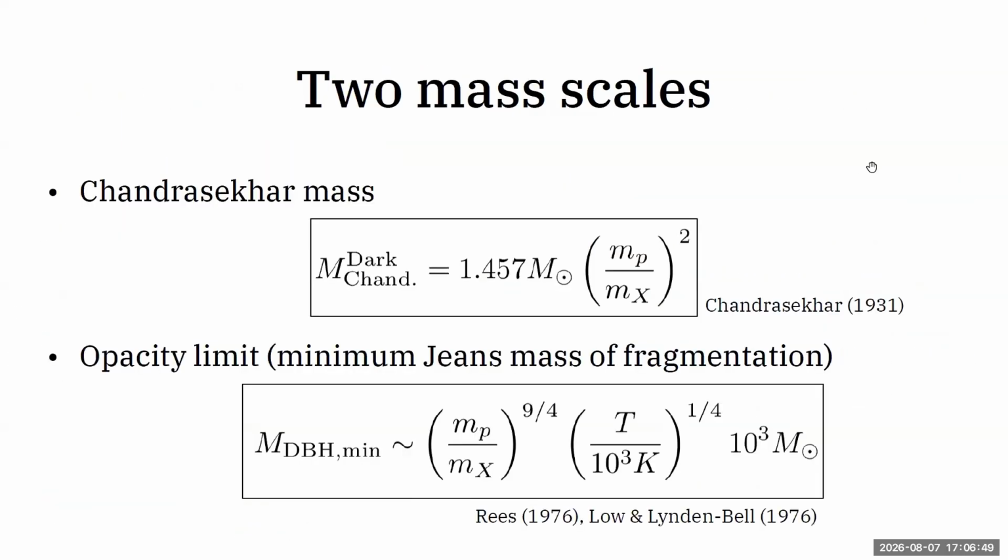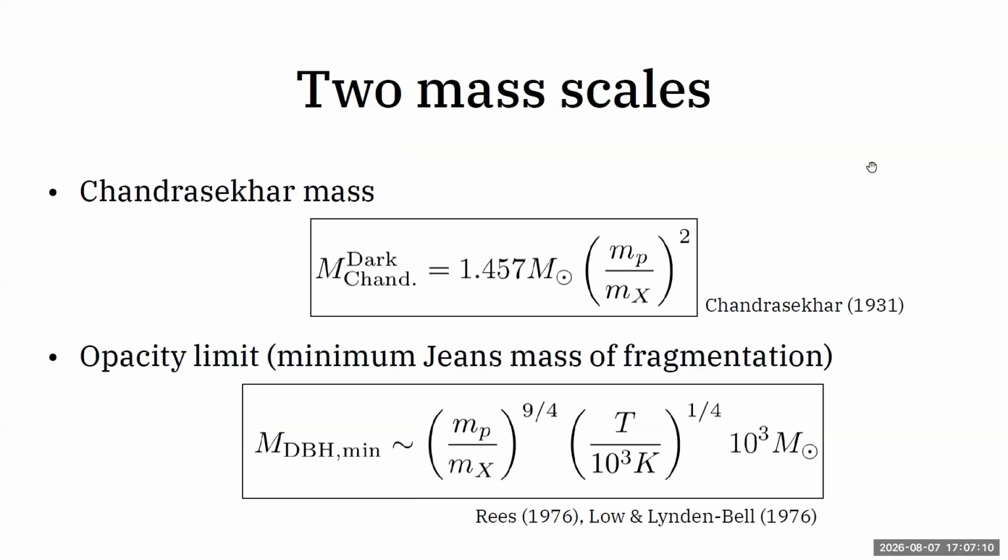Okay, but because I don't want to do this complicated simulation, I just use two mass scales. First thing is already the top. I told you the mass scale, which is proportional to 1 over mass of proton squared. Second mass scale is important for the Population III star formation.